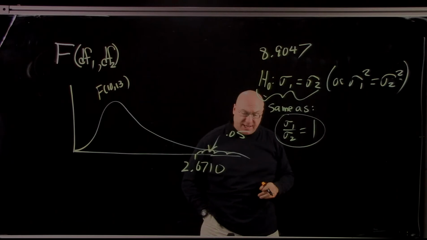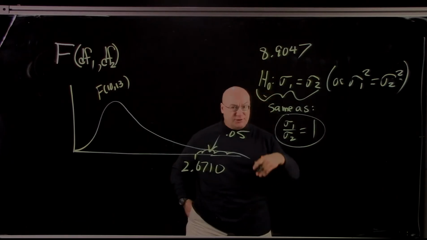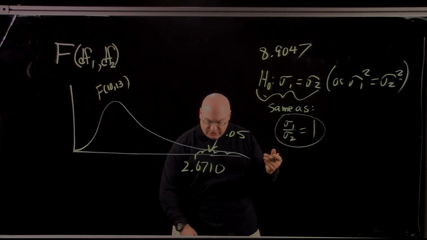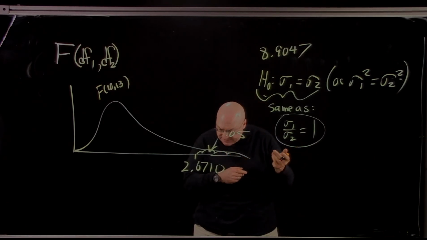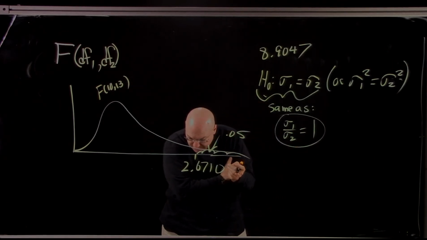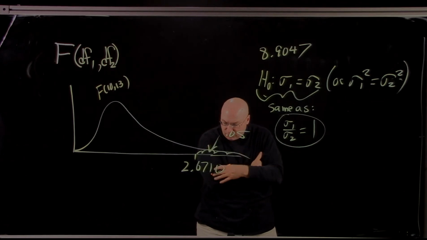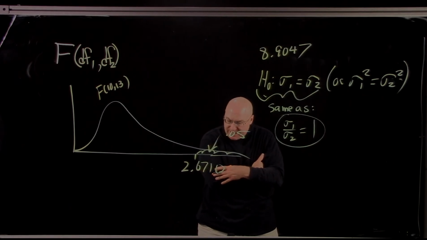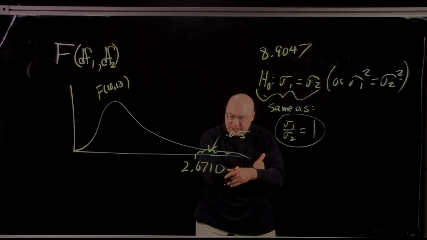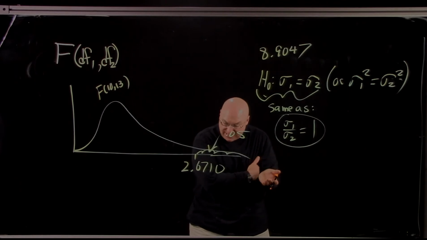I'm not even going to write it down here because it'll come out a little more naturally when we do some examples. But the reason I bring this up is because most tables and most software only give right-tailed critical values for F random variables, we wish to set up any hypothesis test so that it will ultimately just be a right-tailed test.